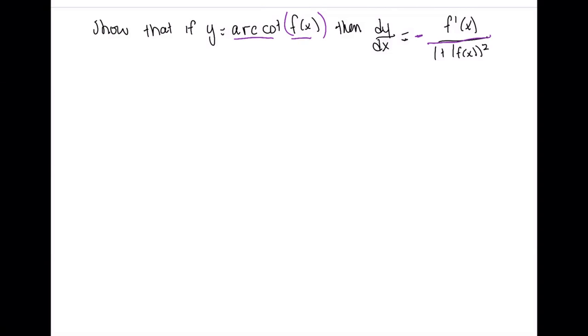So we'll start off by reminding ourselves that y equals cotangent of x, and y equals arccotangent of x. These two functions, let's call them y1 and y2, are inverses. What does that mean?